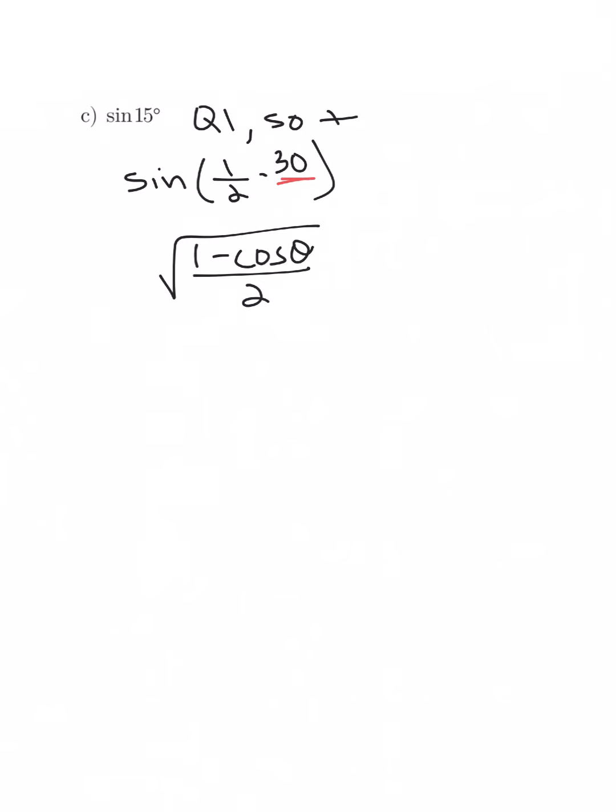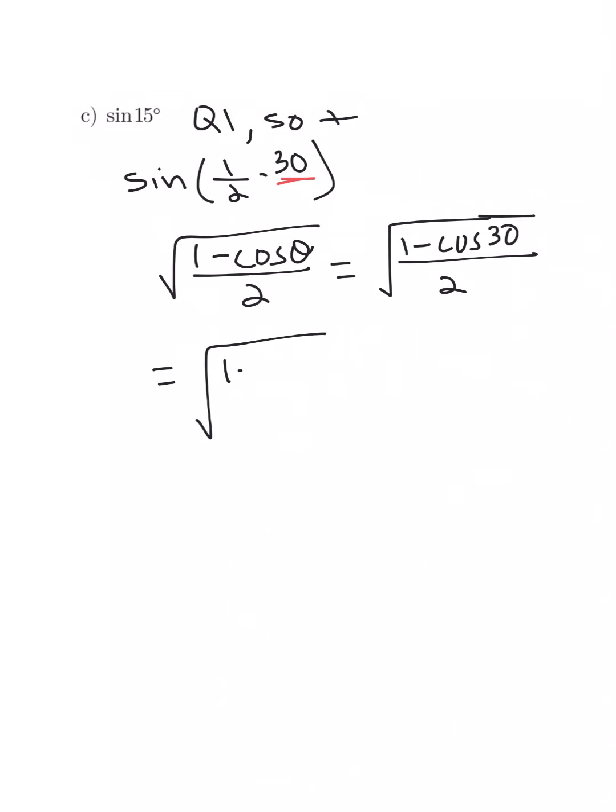So for our problem, this is going to be the square root of 1 minus the cosine of 30 over 2. So, square root of 1 minus, replace cosine of 30 with what it's equal to, the square root of 3 over 2. And all that goes over 2.